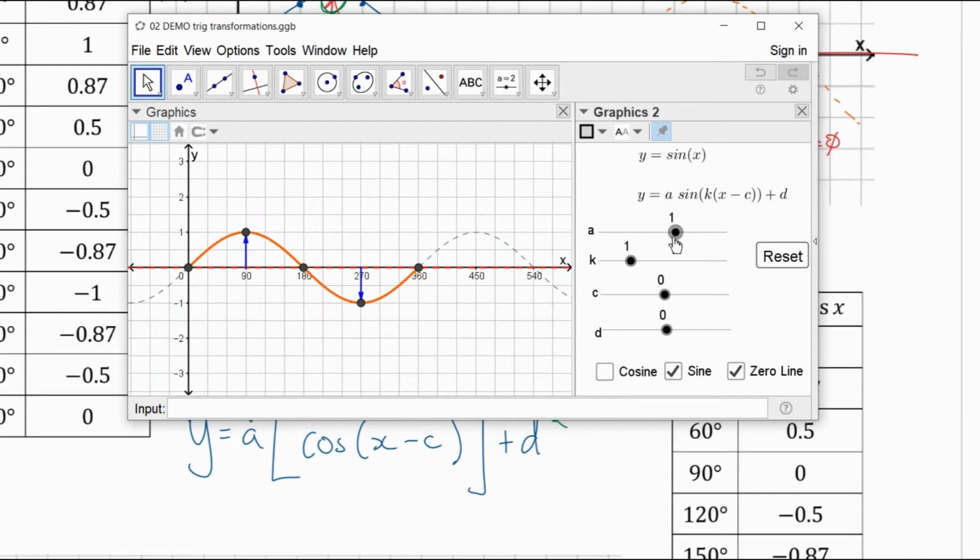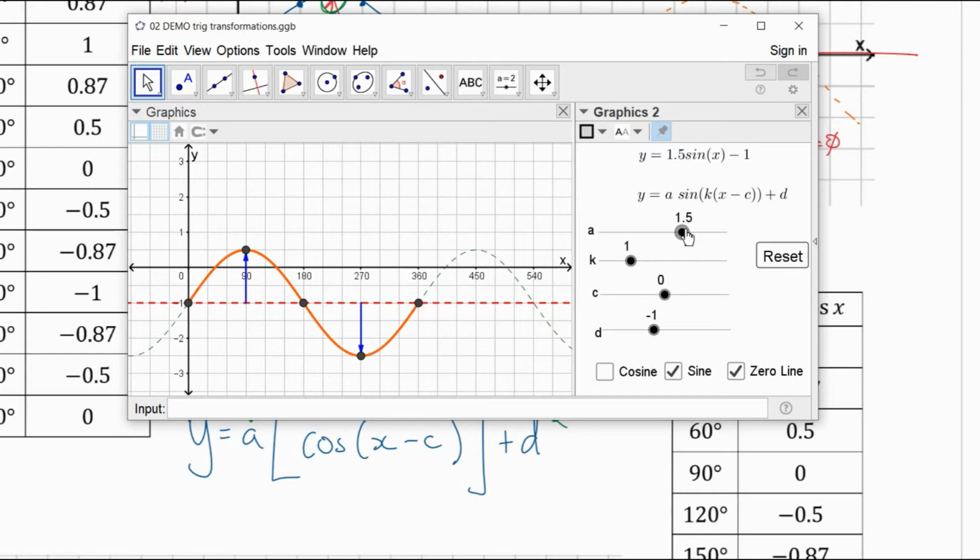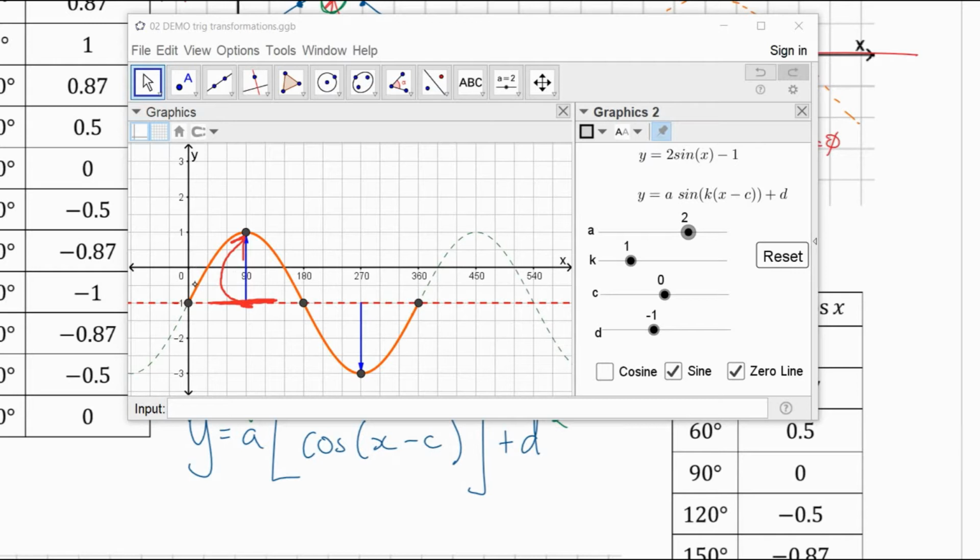But if I drag this down, I haven't changed the amplitude because I've moved the 0 line. And now if I change the amplitude, that's a distance of 2, okay? From the 0 line up to the max, I went up 2, but my max is actually at 1.